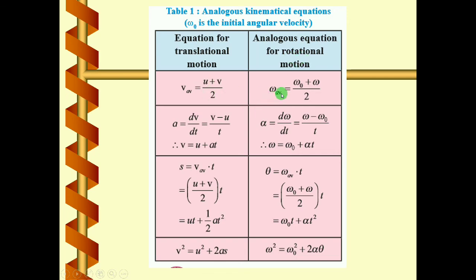In rotational motion, the average angular velocity omega average will be equal to omega 0, the initial velocity, plus omega, the final velocity, divided by 2. Similarly, acceleration is change in velocity with time, so you can write it as dv by dt or v minus u divided by t. And here the angular acceleration alpha you can write as d omega by dt or omega minus omega 0 divided by t.